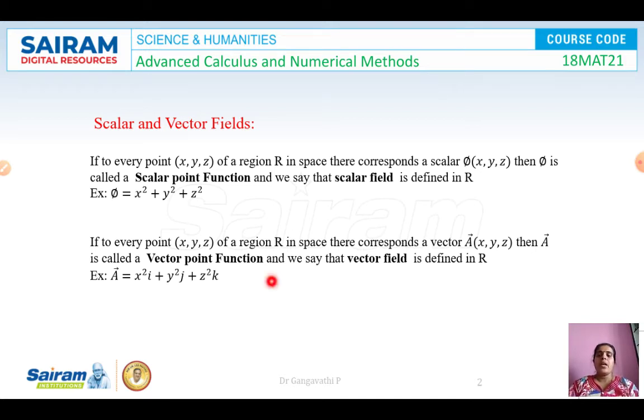Similarly, for every point x, y, z of a region R in this space, there corresponds a vector A which is a function of x, y, z. Then that vector A is called a vector point function.